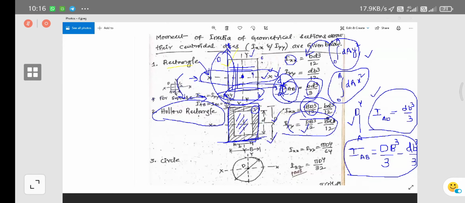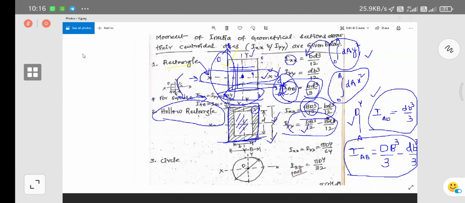You have to concentrate on which axis the rectangular object or any regular geometry is placed, whether central axis or base axis, and afterwards you can very easily apply the formula and get the required solution.